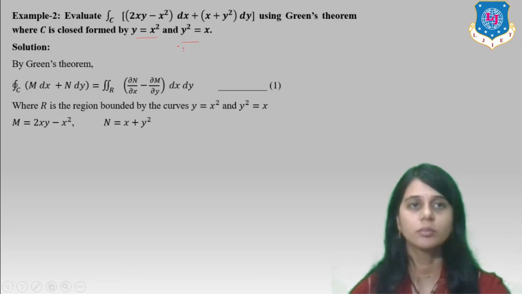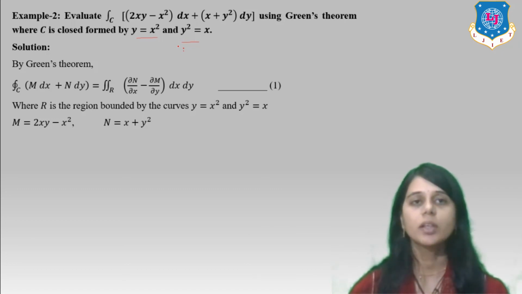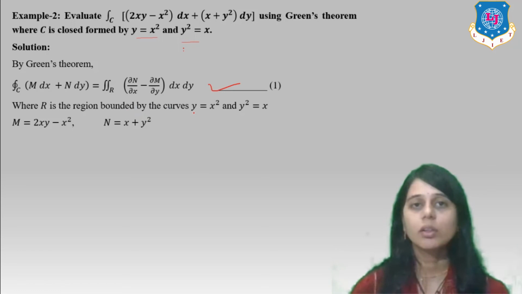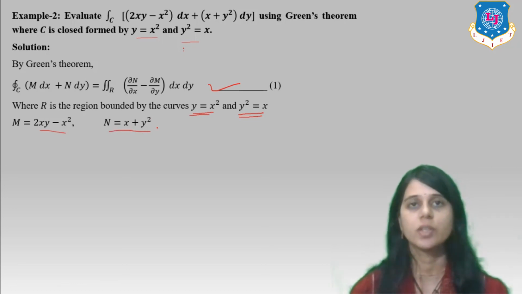By Green's theorem, the integral of M dx plus N dy equals the double integral over region R of del N by del x minus del M by del y dx dy, is the statement of Green's theorem. The bounding curves are y equal to x square and y square equal to x. Now M is 2xy minus x square and N is x plus y square.